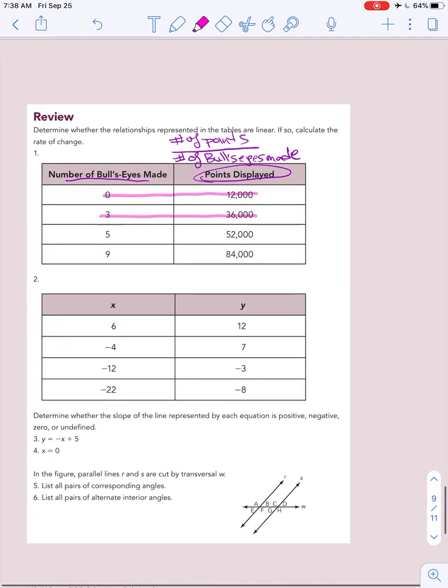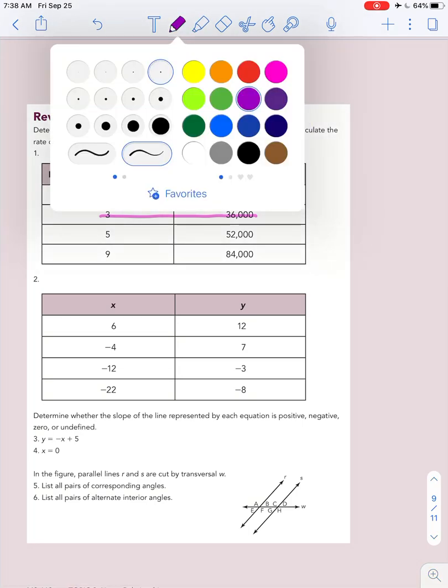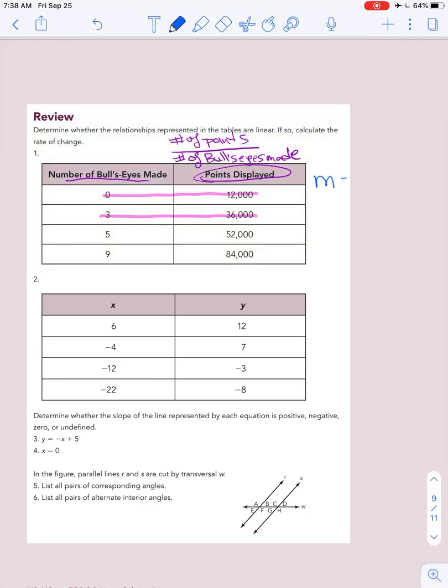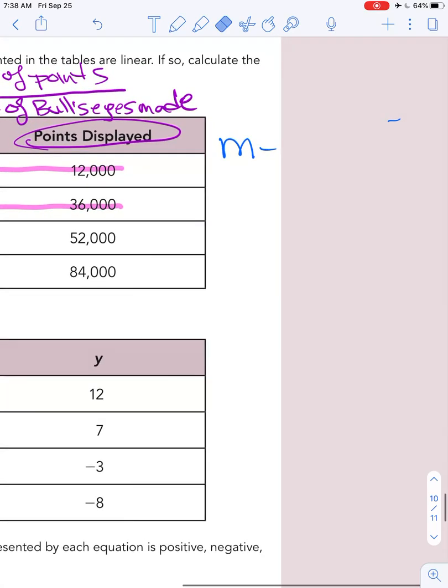Okay, so I'm going to come off to the side. I'm going to change my color. I want blue. So I do this. 36,000 minus 12,000.